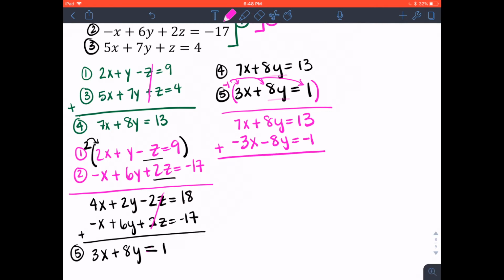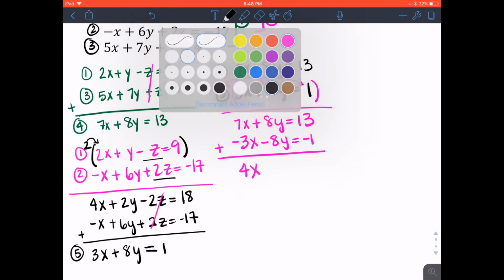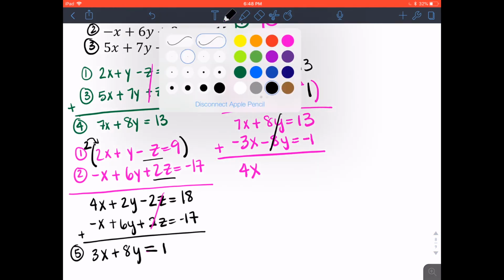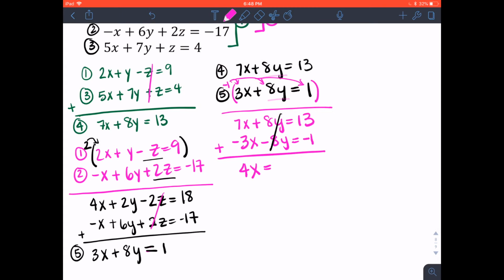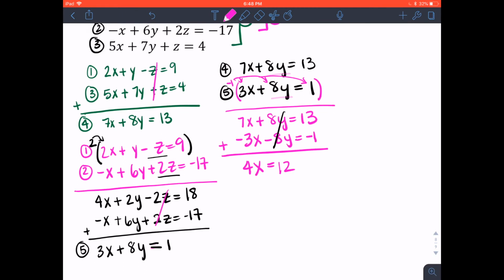Adding these two equations, I get 7x plus negative 3x, which is 4x. My y's cancel. And then I have 13 plus negative 1, which is 12. So now I just have to divide both sides by 4. So x is equal to 3.